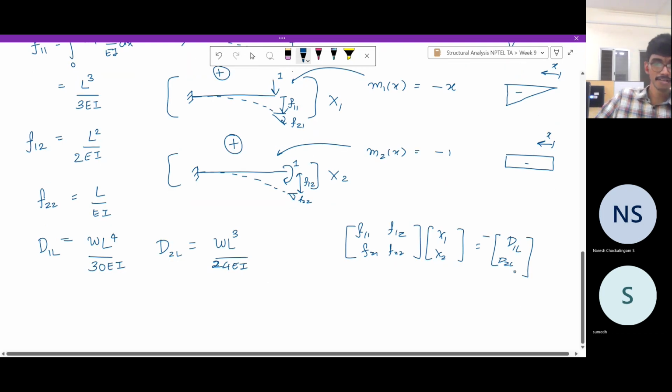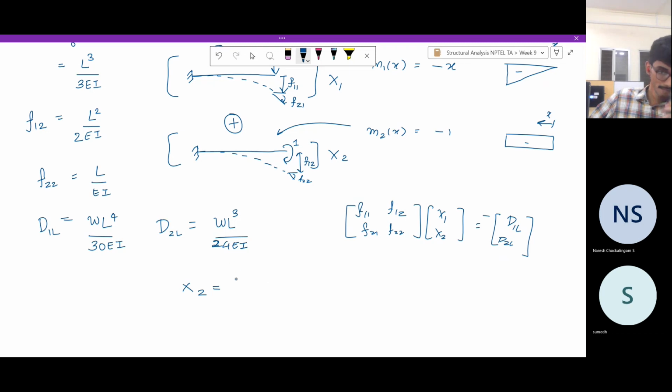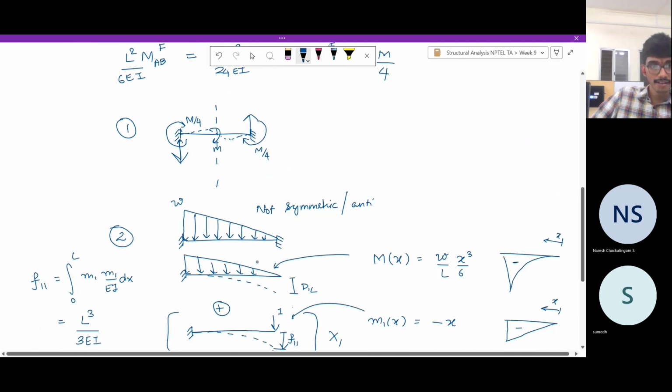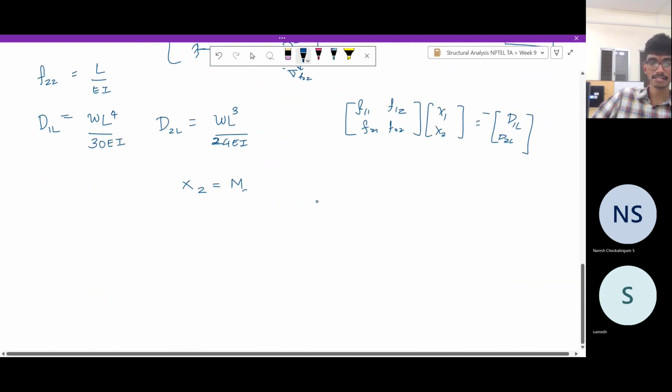So once you solve this, you get x2. But the way we have assumed, x2 is nothing but MCBF. Let me take this as B and C. So here I've taken x2 in this direction, so it is consistent with the slope deflection equations.